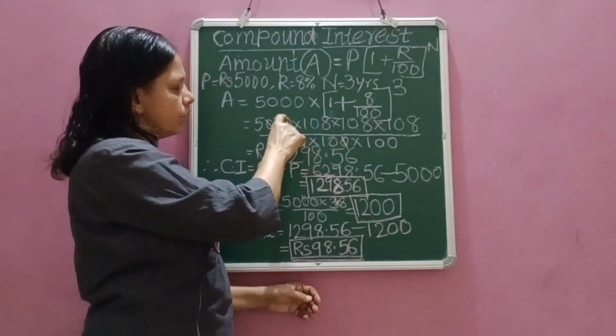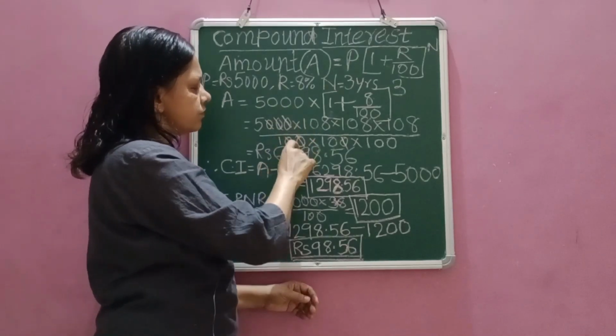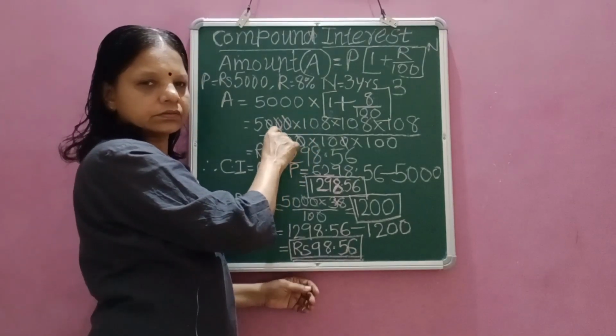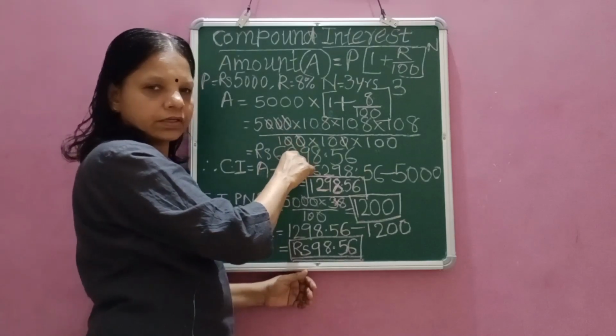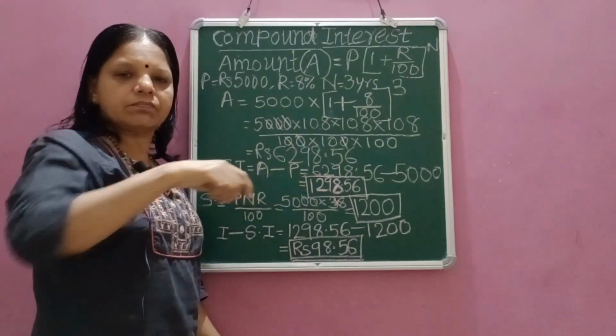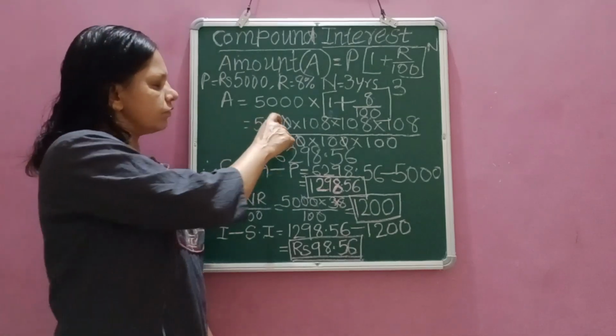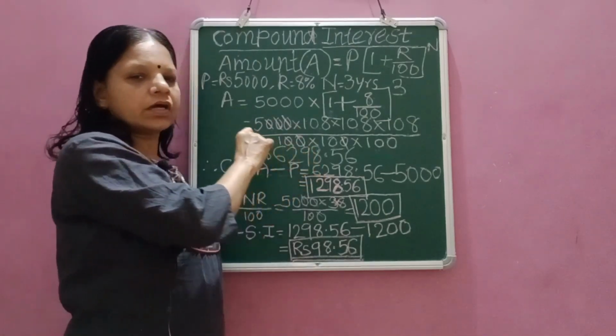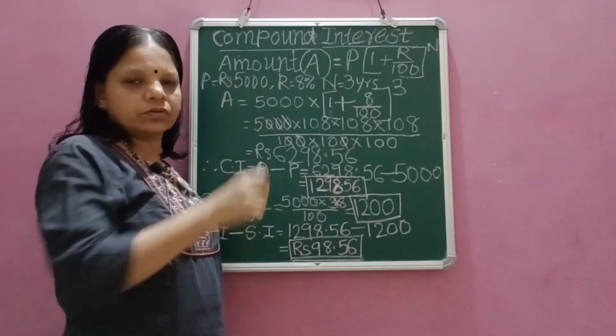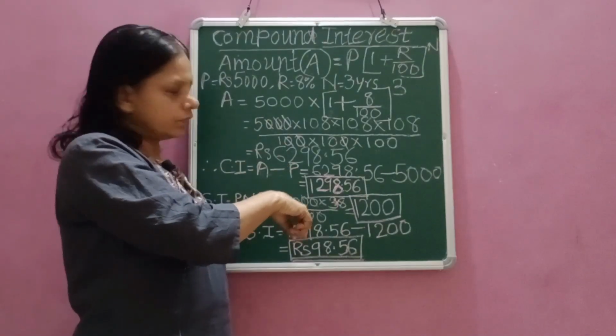This cancellation, you understood? We can cancel the same factor in numerator and denominator. That cancellation means we are dividing by the same factor. Here, cancelling a 0 means we are dividing by 10, both numerator and denominator.